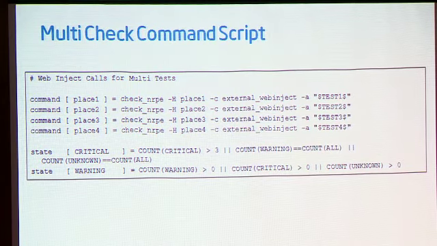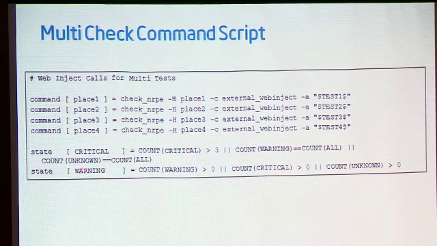And for the threshold, what we said is, okay, for critical, we need to count critical 3 or more. If all of these tests are giving me warning, just put critical. And if all are unknown, just put critical. Put warning if there is more than one warning, more than one critical, or more than one unknown. It's pretty simple to configure this.